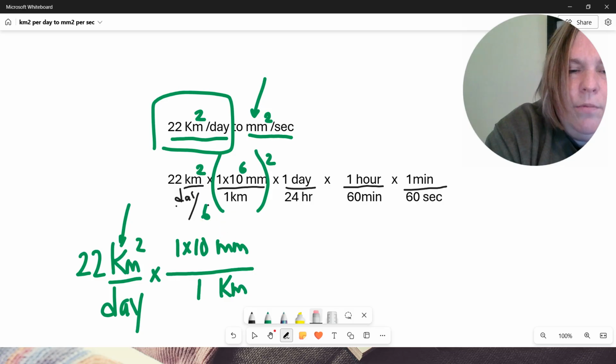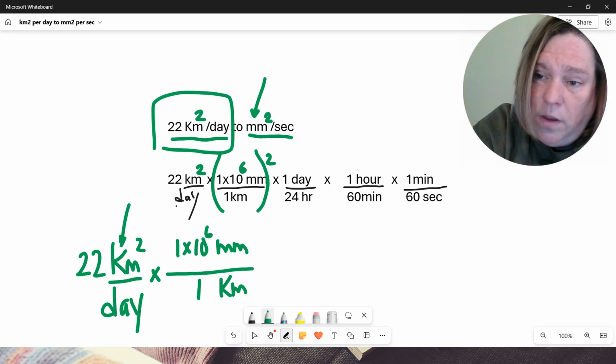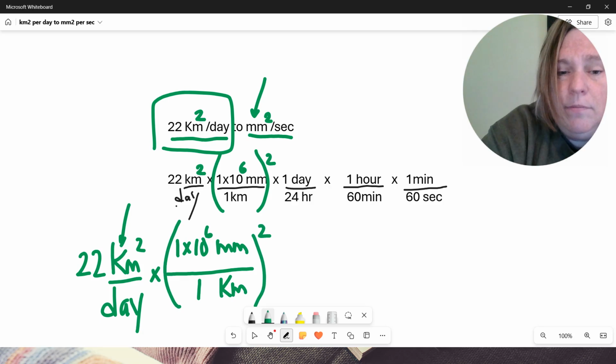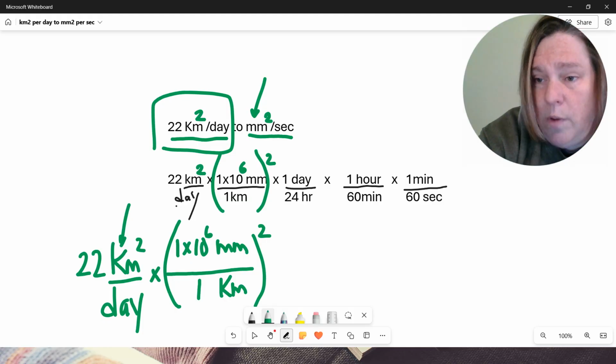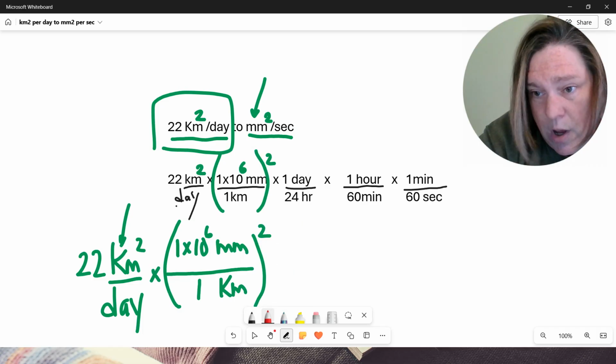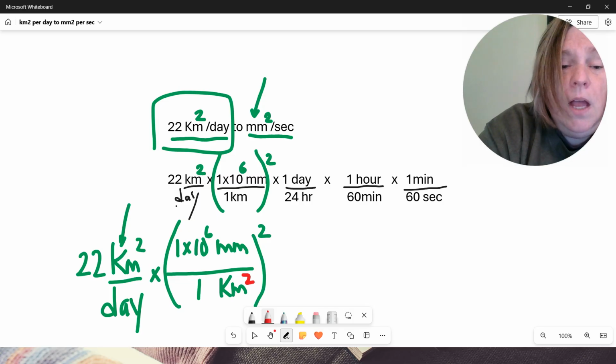So I'm going to just go ahead and erase that now and write in the 6, and they need to be squared. When you square the unit, you must square the value too. So I'm going to square all of this. Okay, so when I square all of that, it's going to change what it actually looks like. First of all, 1 times 1 is going to be 1, but the unit then becomes squared.